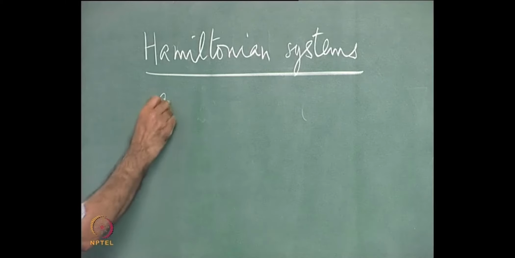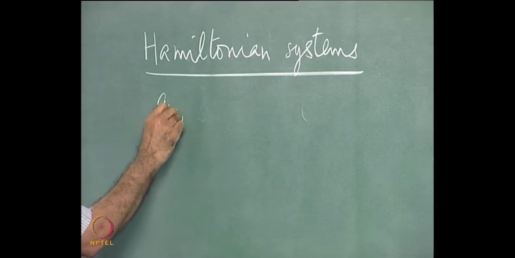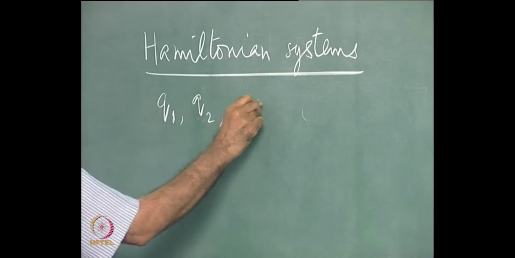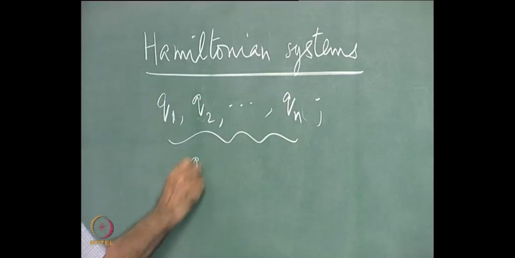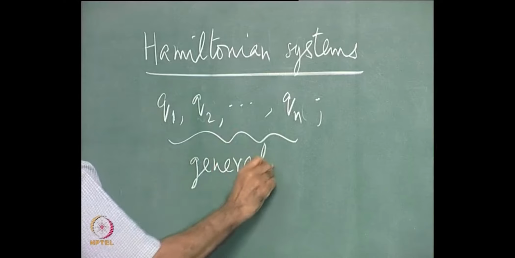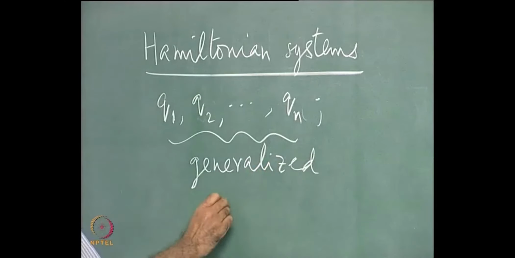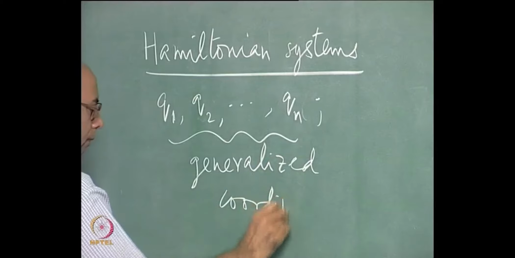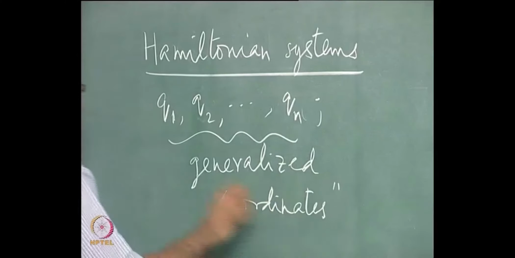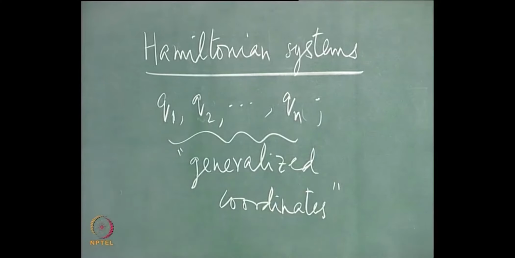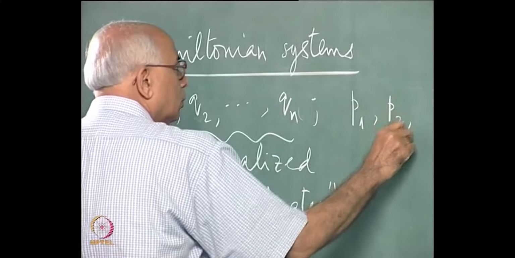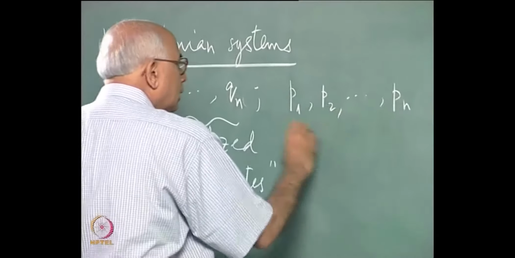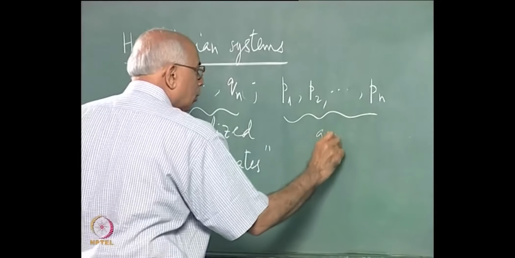The first n variables are generally denoted by the q's, q1, q2 up to qn, usually called generalized coordinates. And along with them go a set of variables p1, p2 up to pn, which are called generalized momenta.